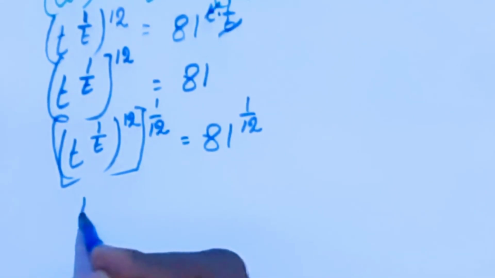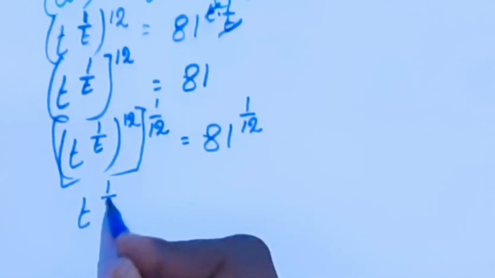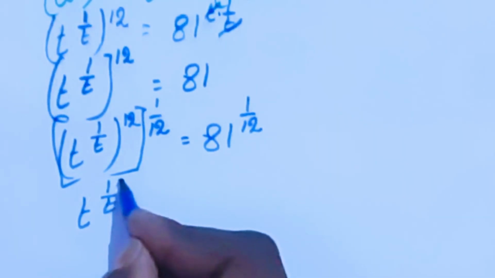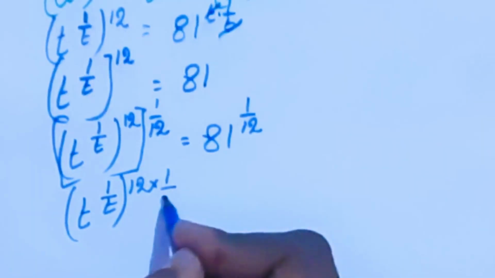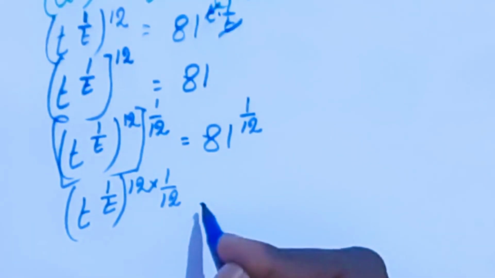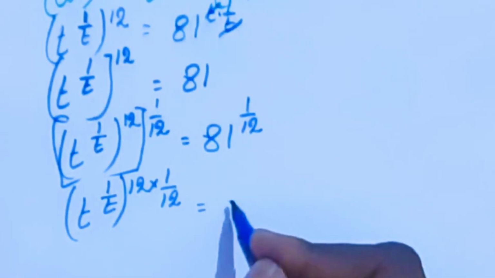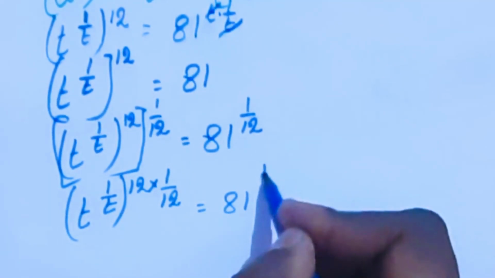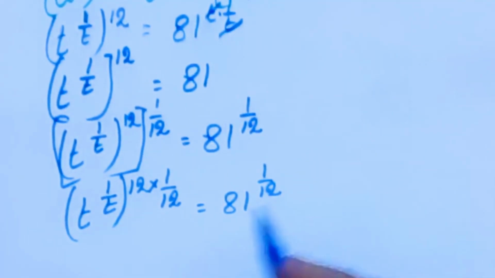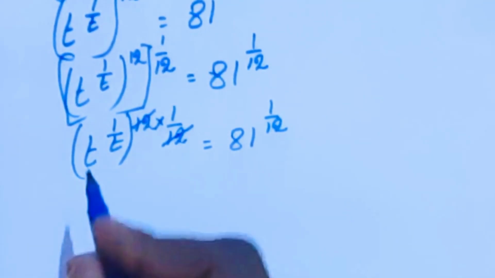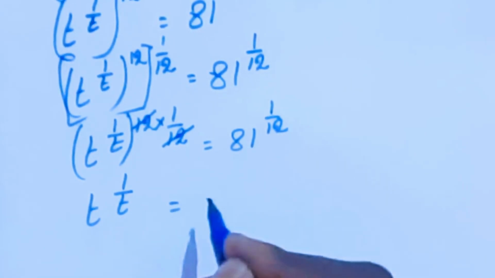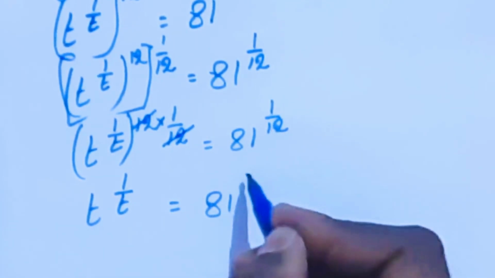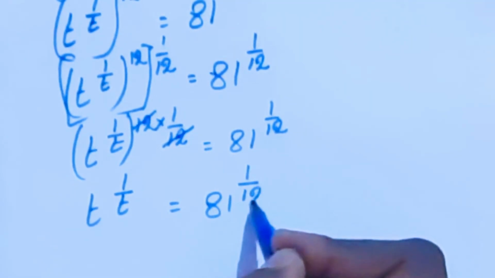So (t power 1 by t) whole power 12 times 1 by 12 equal to 81 power 1 by 12. Now this 12 cancels this. Now we have t power 1 by t equal to 81 power 1 by 12.